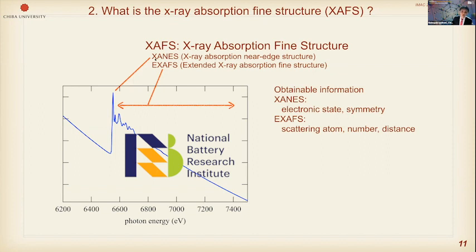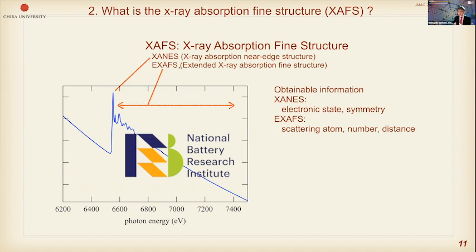I call it XANES. Some people pronounce it Zanes or Xanes, but I prefer the pronunciation Zanes. And after the edge, about 1,000 electron volts is a very wide energy region with the oscillatory part. This is the extended X-ray absorption fine structure, EXAFS. XAFS is divided into XANES and EXAFS.